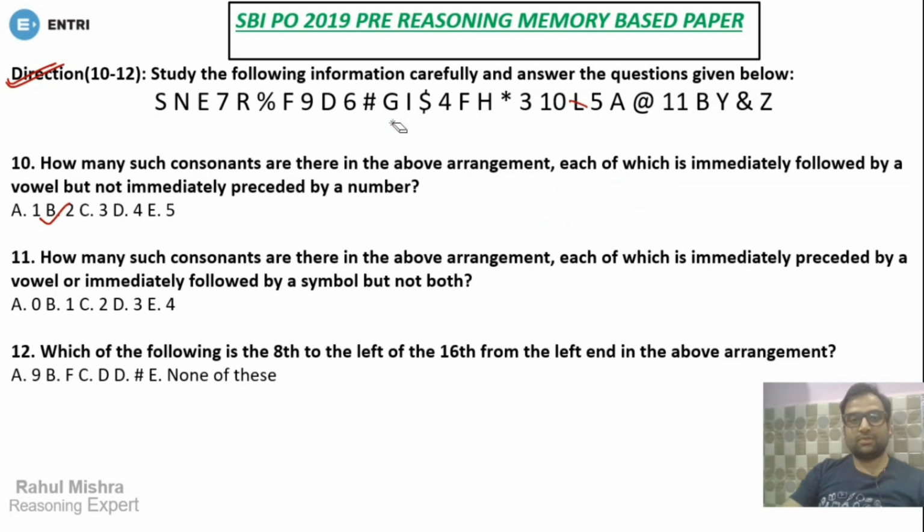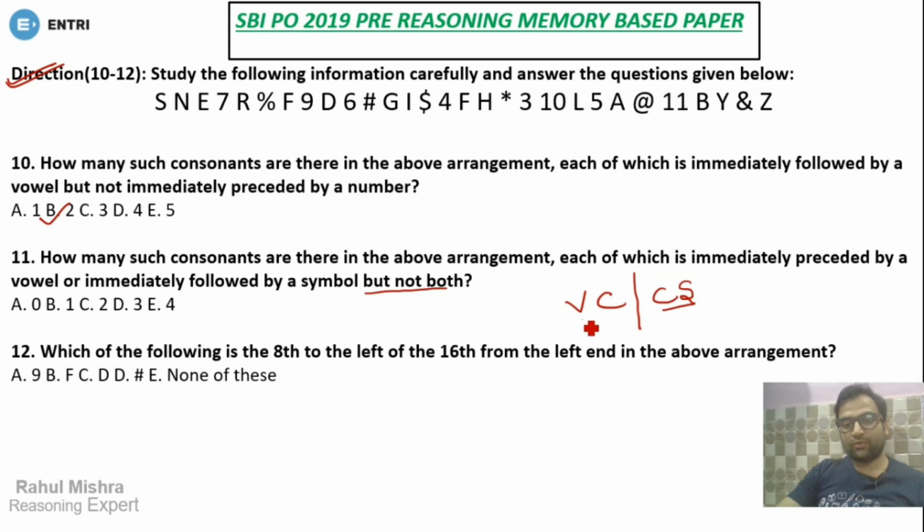So the question is, how many such consonants are there in the above arrangement, each of which is immediately preceded by a vowel or immediately followed by a symbol, but not both? So the first case can be that just before the consonant, a vowel is there, or the next case can be that just after the consonant, a symbol must be there.